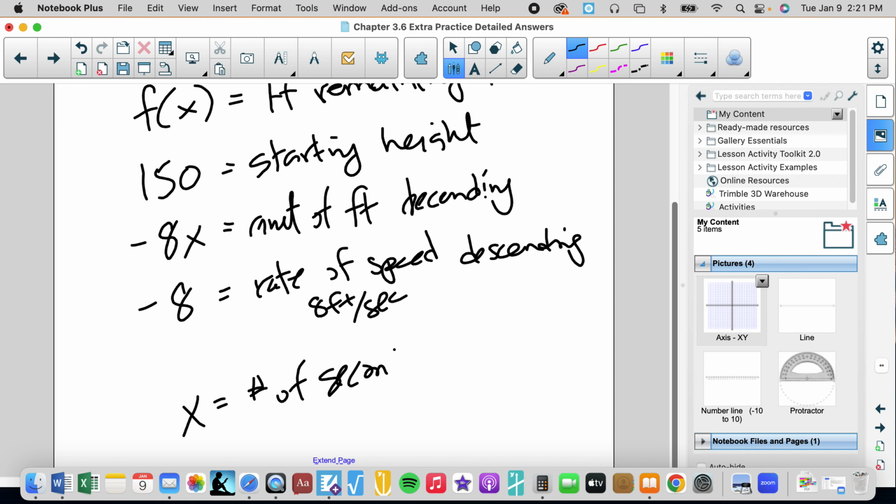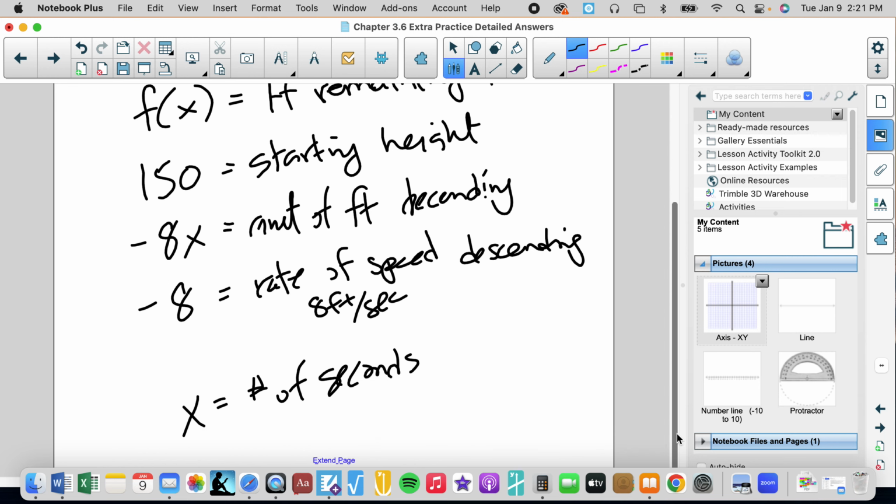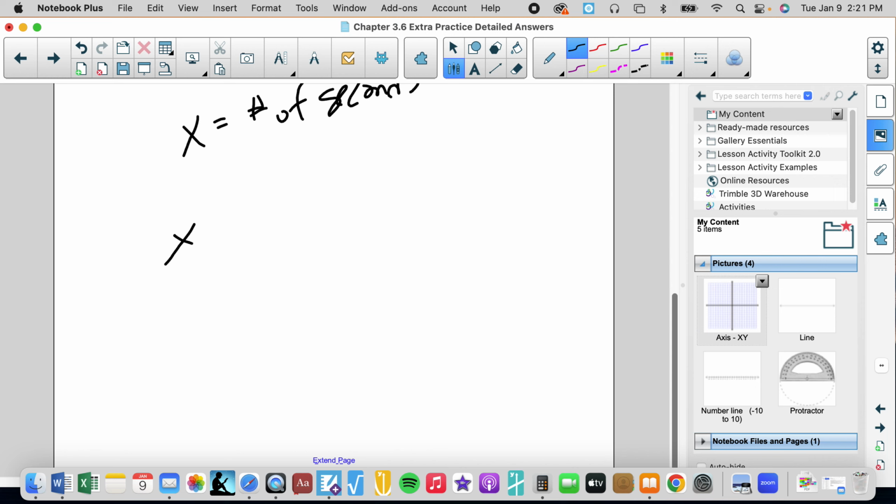Very important to understand all these terms, if you can, and the x-intercept. And we talked about the x-intercept. The x-intercept is going to be 18.75. And what does that mean?